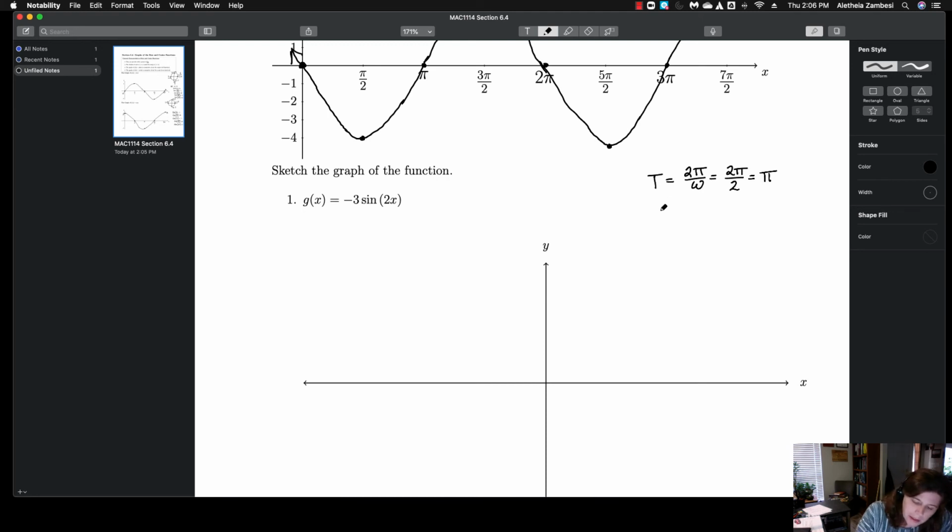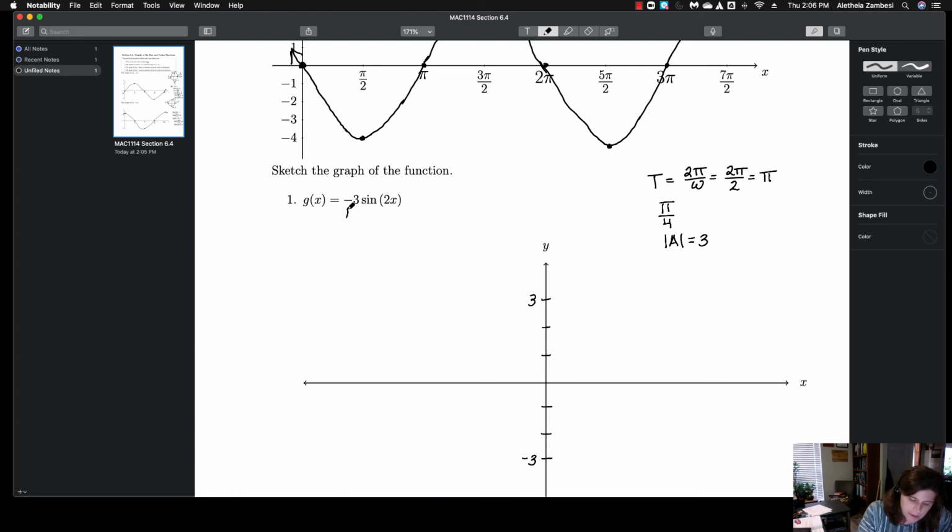So our primary points are going to be that value divided by 4. So every pi over 4 we're putting primary points this time. Our amplitude is equal to 3. So I'm going to number our axis to 3 and -3.